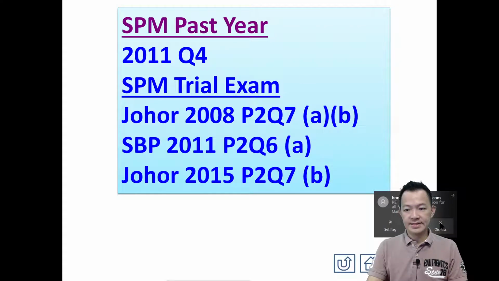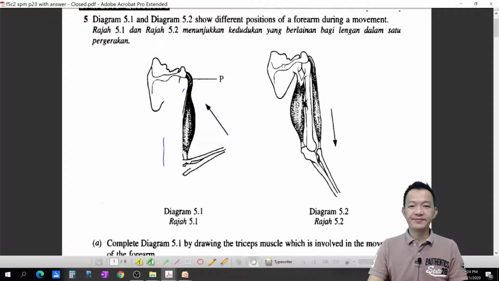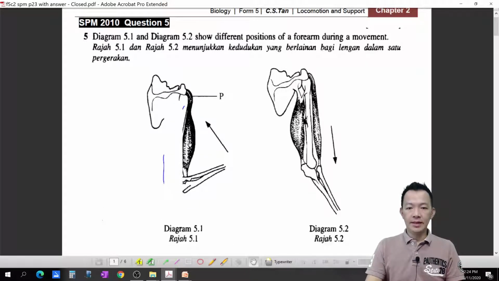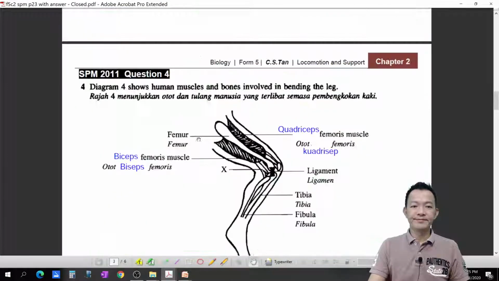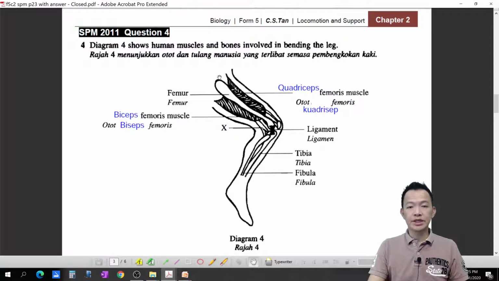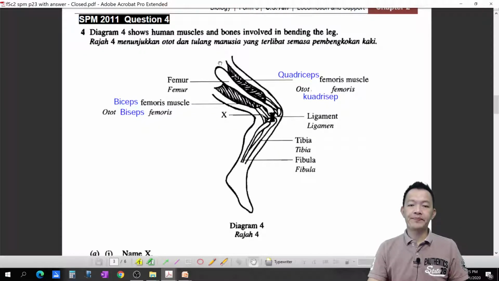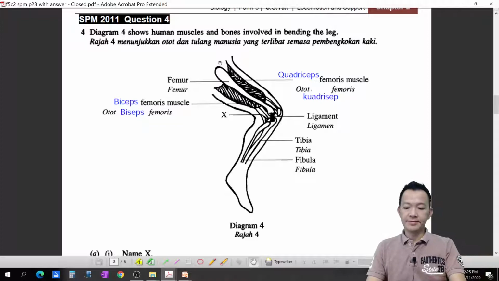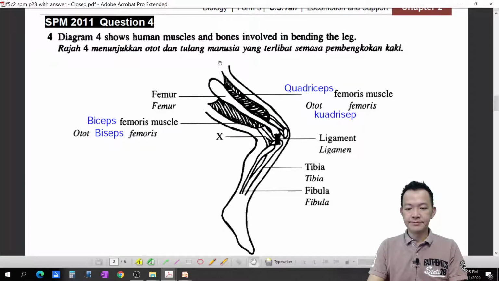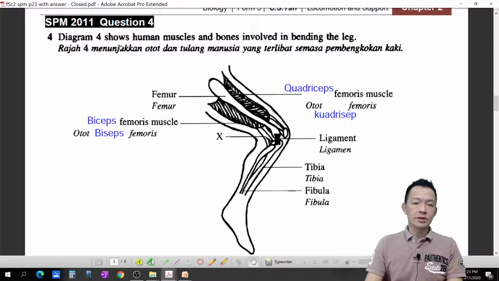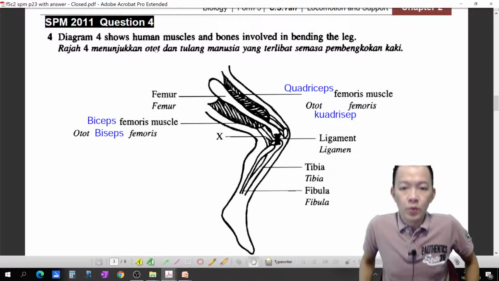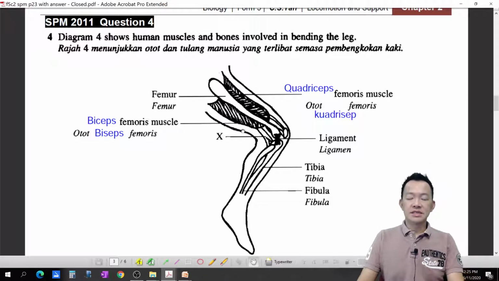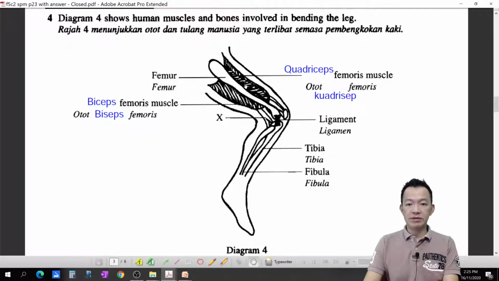Okay, 开始。哎，不是这一题。2011 question number 4, 开始啊. Diagram 4 shows the human muscle and the bone involved in the bending of the legs. 你在弯你的脚的时候有 muscle.